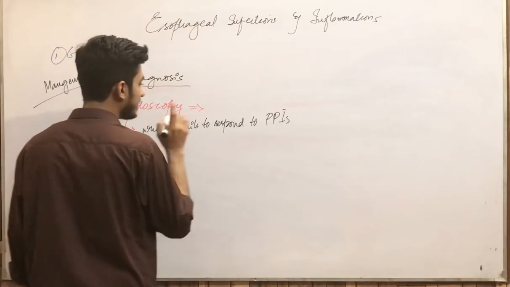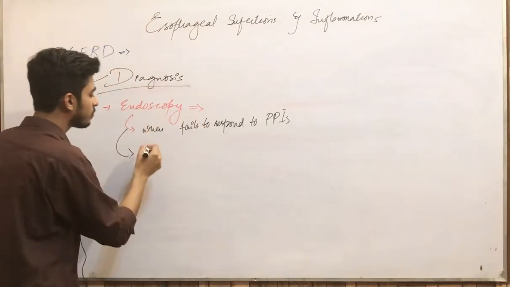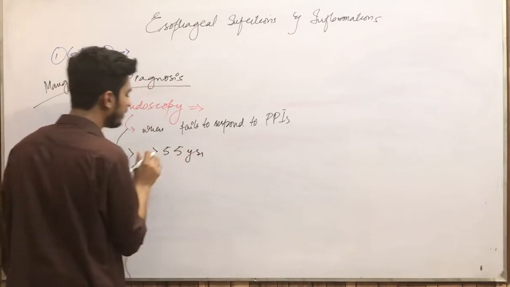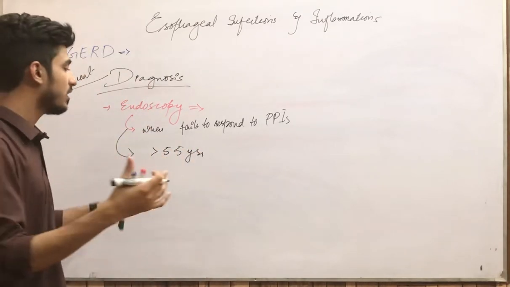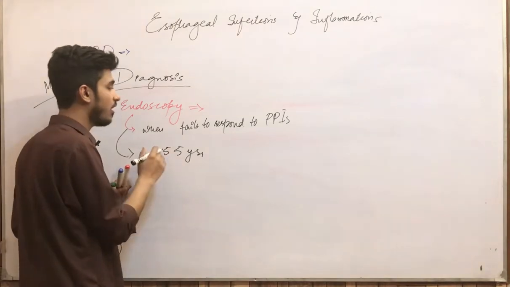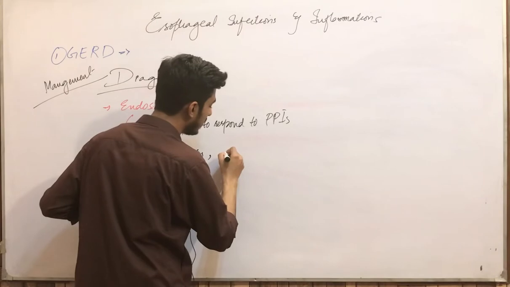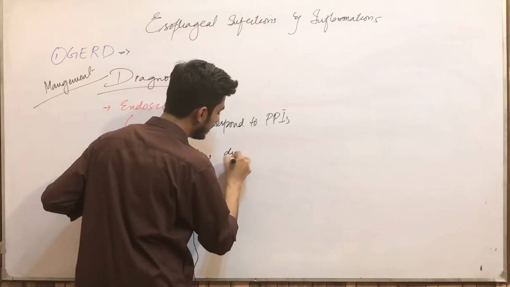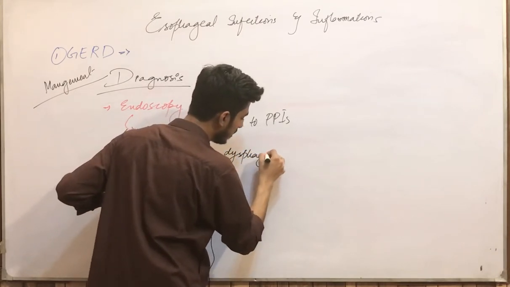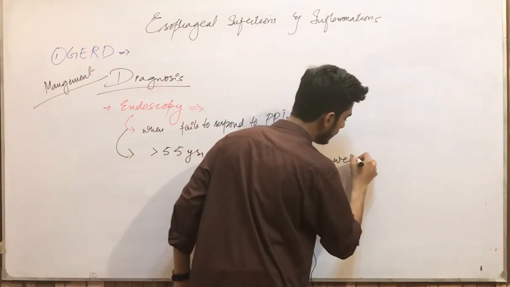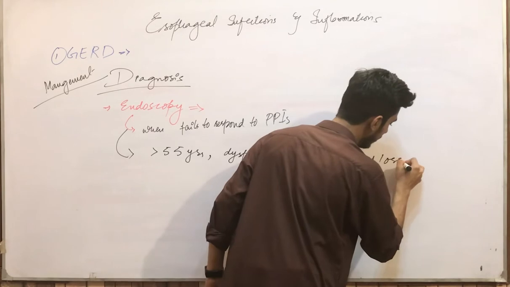First indication. Second indication, you have to do the endoscopy in a patient older than 55 years, or 50 to 55 years old. If the patient is older than this age or of this age, you have to do the endoscopy. And this patient is complaining of dysphagia, anemia, and weight loss.